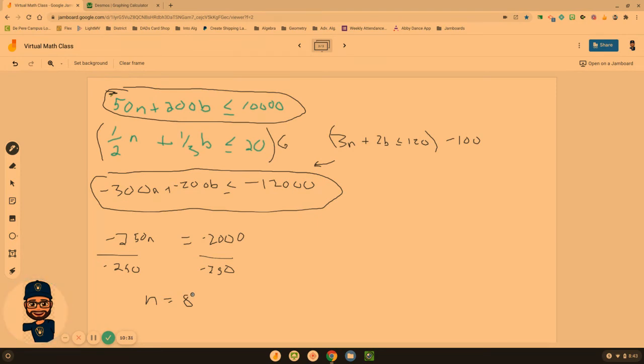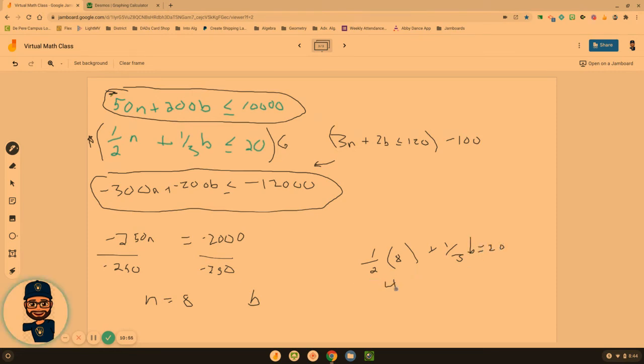We should use that to then figure out how many bracelets, right? How many bracelets would be at that point. I'm going to plug that back into this equation right here with a star next to it. 1/2 the necklaces, which is 8, plus 1/3 of the bracelets would equal 20.